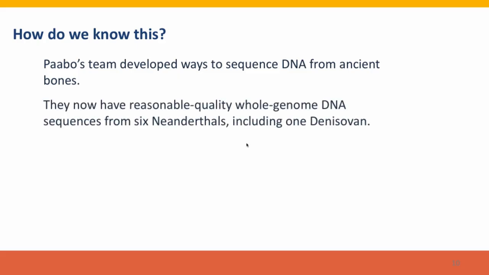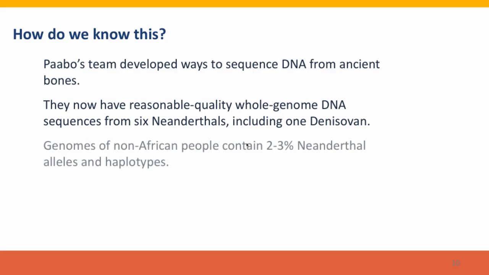And they've now taken Neanderthal bones from six different sites, I think more now, including one from a site where the peoples who are related to the Southeast Asian interbreeding happened. And they can identify Neanderthal haplotypes by comparing their Neanderthal genomes with human genomes.